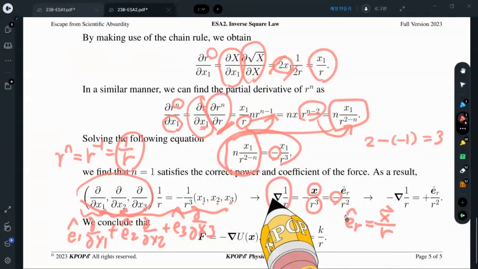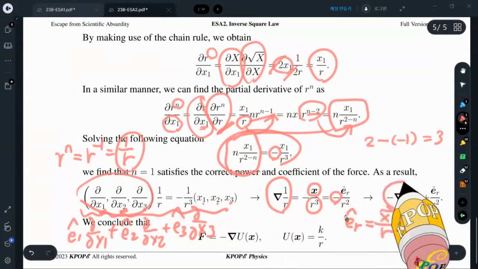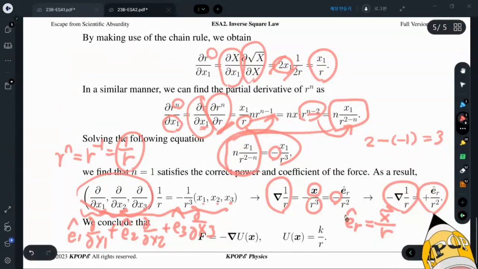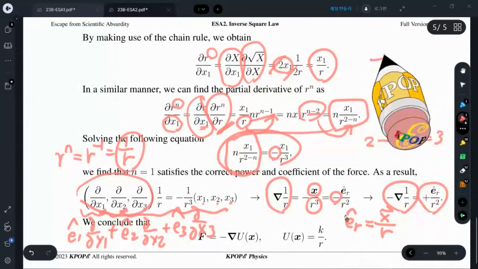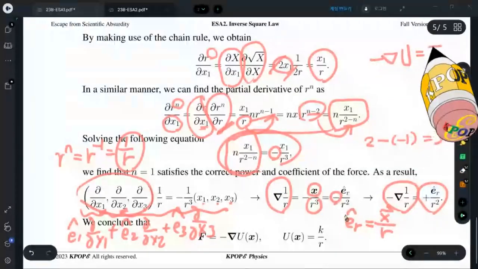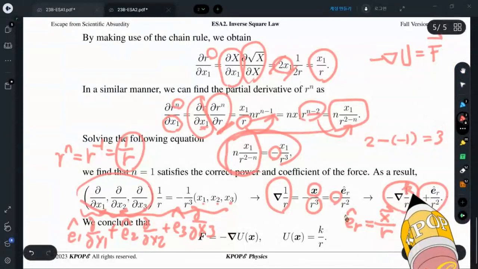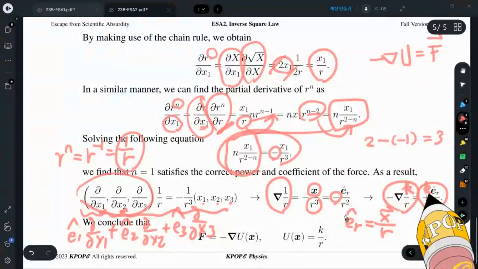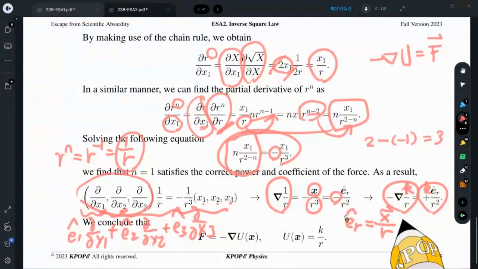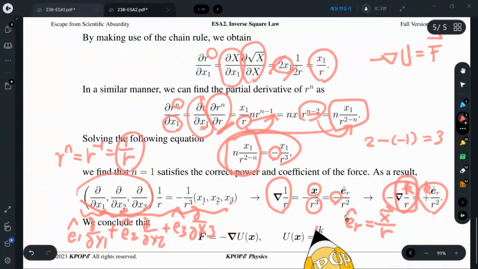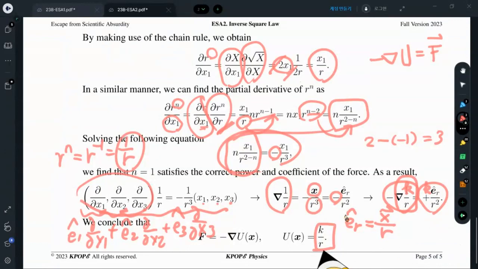I multiply by minus on both sides, then minus gradient of 1 over r is this. Finally, because minus gradient of potential energy should be the force, and I have nothing but the force here, if I multiply this expression by k, this is a force. Therefore, this guy, k over r, is proved to be the potential energy of the inverse square law.